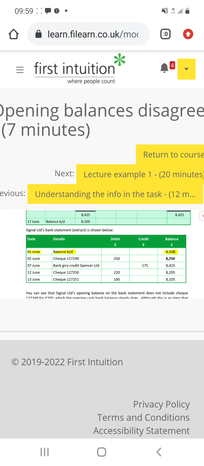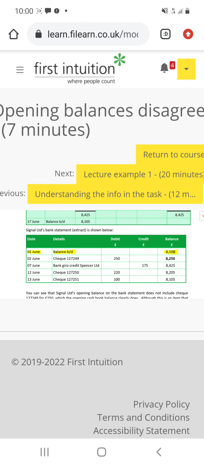Should we be surprised? Well, let's just think about this. Actually, no. Because if we did a bank reconciliation at the end of last period, we already knew that at the end of last period, the bank statement and the cash book didn't agree because there were unpresented checks and outstanding lodgements.